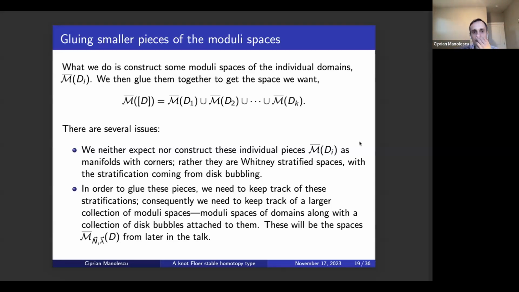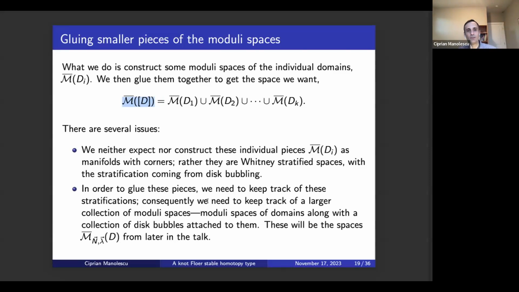But these moduli spaces are not going to be manifolds with corners. They're going to be stratified spaces, Whitney stratified spaces, with the stratification coming from this bubbling. So they're going to have a more complicated structure, and the tricky thing is to put them together. In the end, when we glue them, M of the equivalence class is going to be a compact smooth manifold with corners.